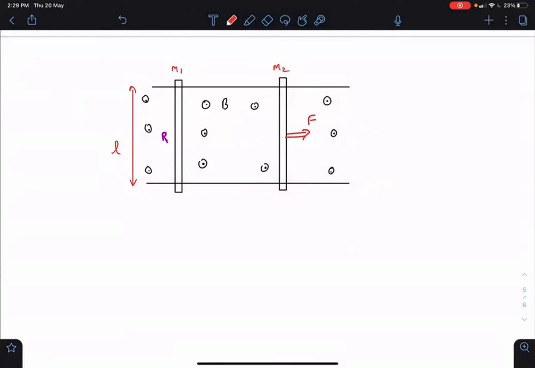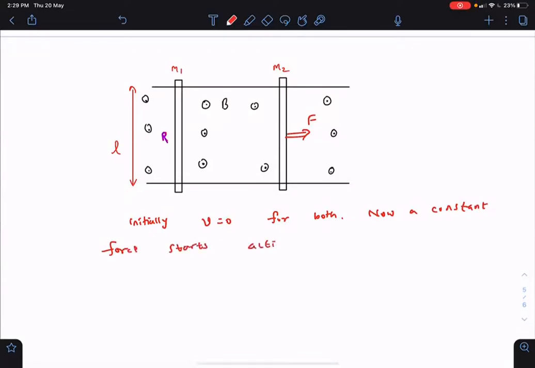Initially both were at rest, the velocity was 0 for both. Now a constant force starts acting on M2 towards right.